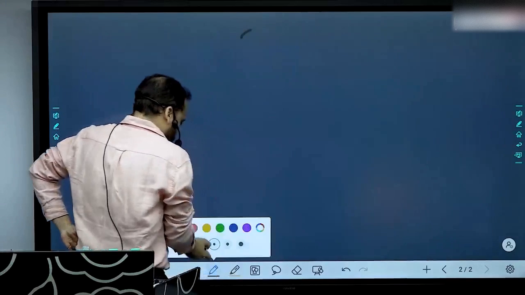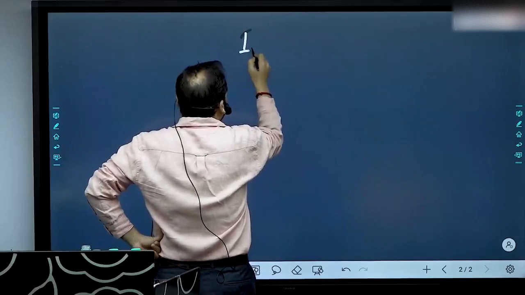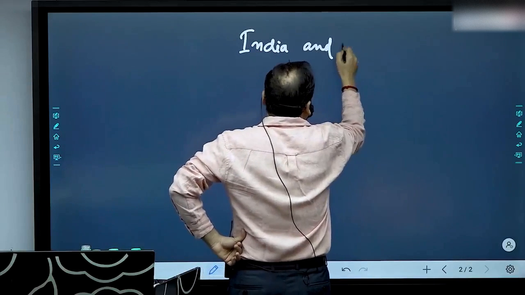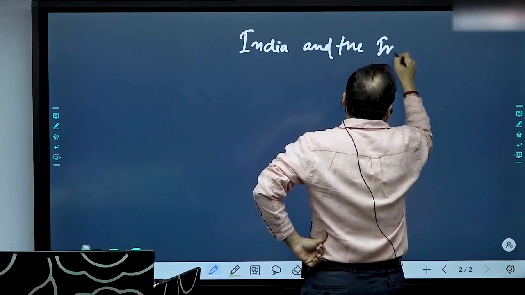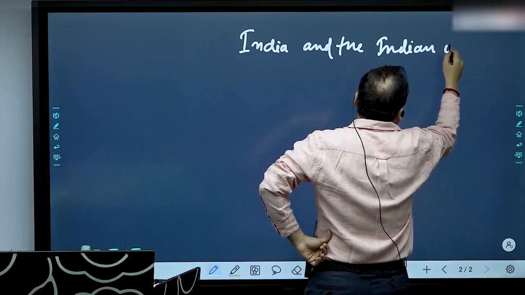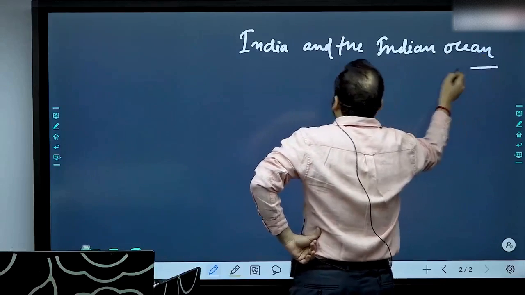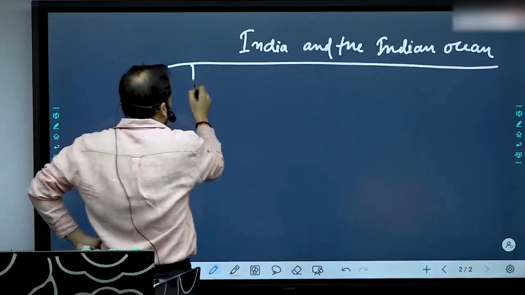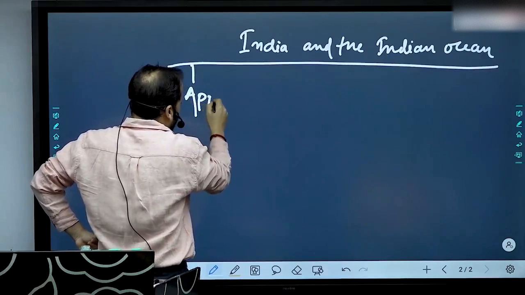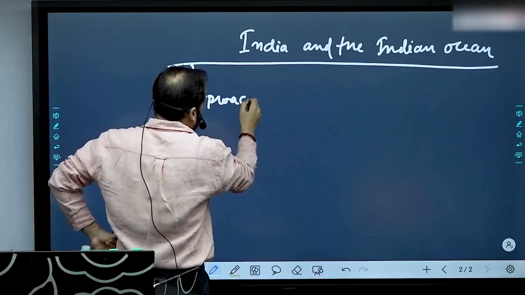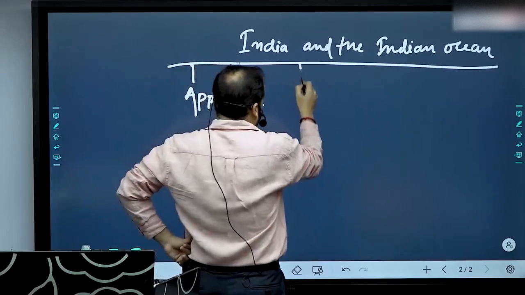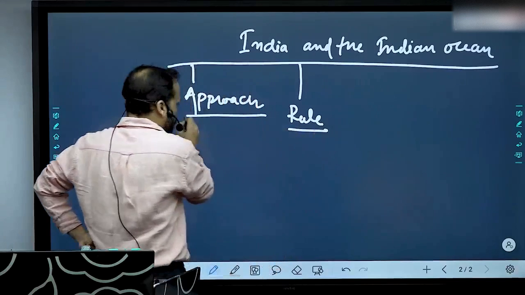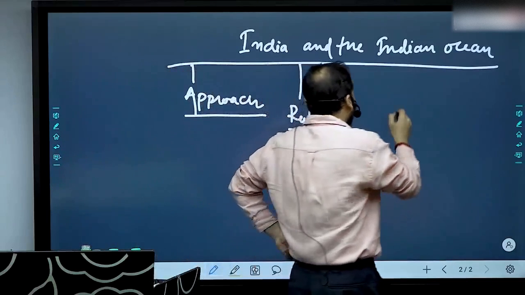So, India and the Indian Ocean. Here we simply need to understand what India's approach towards the Indian Ocean is, and flowing from this approach, what kind of role India is playing or would like to play in the Indian Ocean region.